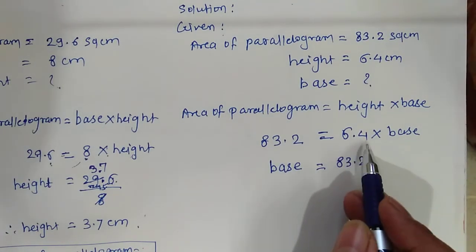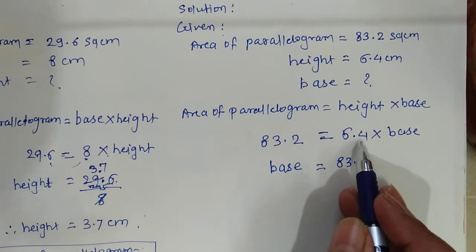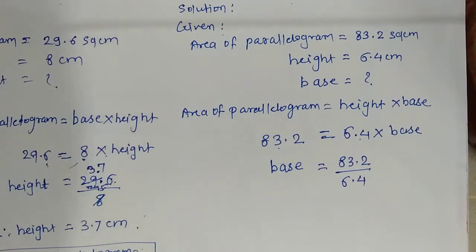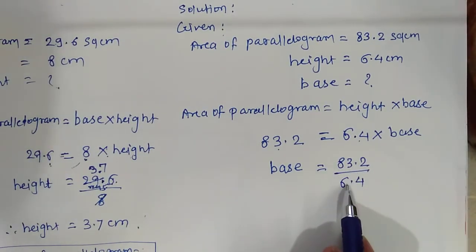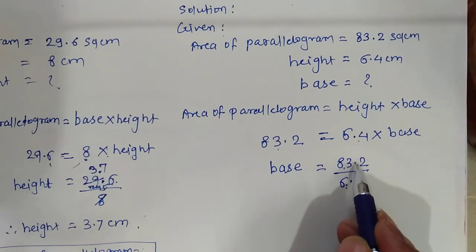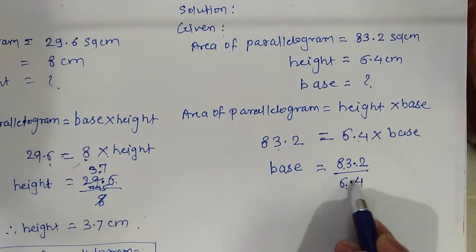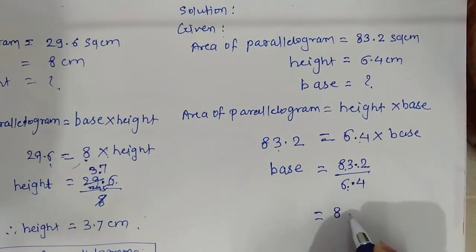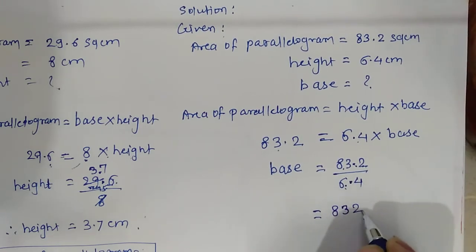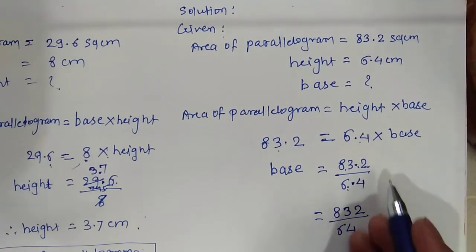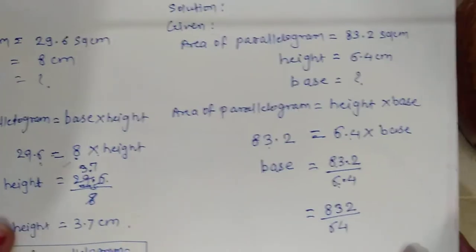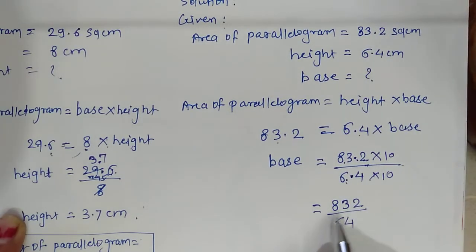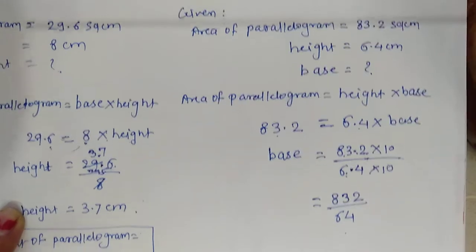Now 6.4 is multiplied with base. When it goes to the left side, it becomes divide. So here in the numerator and denominator, both numbers have the decimal point after one digit. So here we can remove it. So it becomes 832 upon 64. Otherwise, we can multiply by 10. If we multiply by 10, then it becomes 832 upon 64.